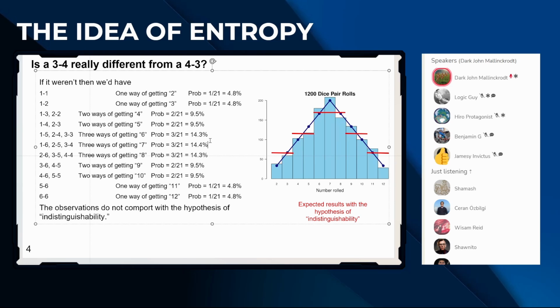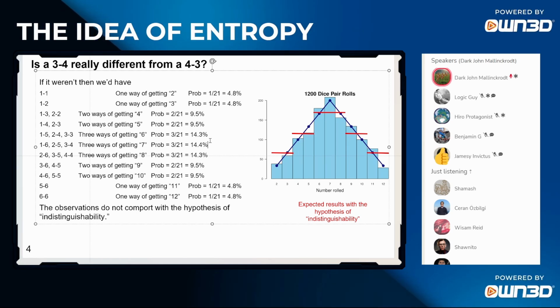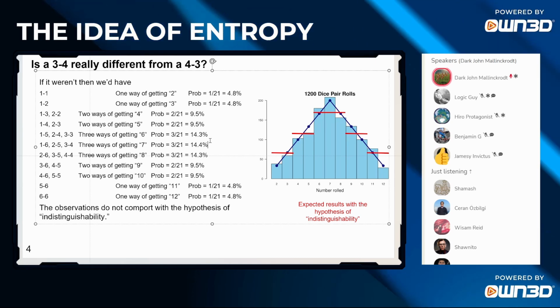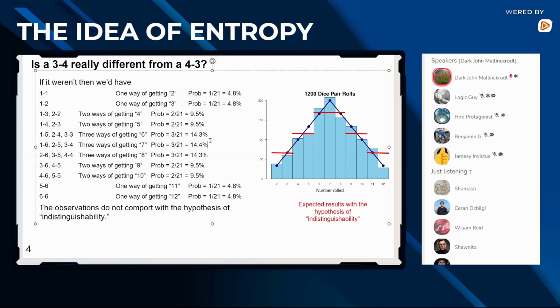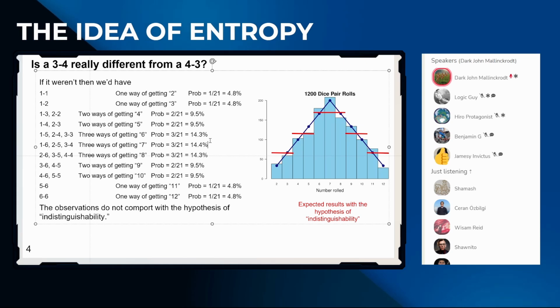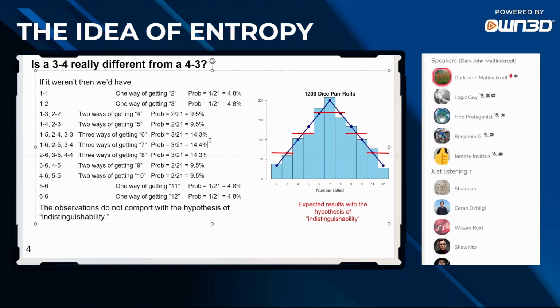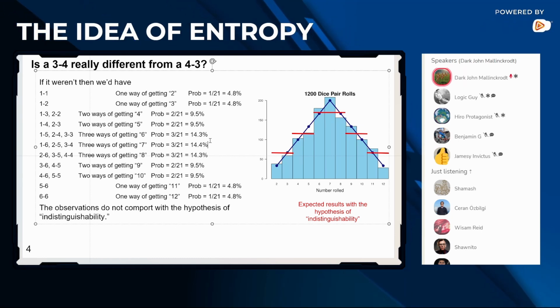It appears that 3-4 really is different from 4-3, because only with our hypothesis of equal probabilities for microstates do we actually get the macrostate distribution shown here, going up in a linear fashion up to 7 and then coming down in a linear fashion back to 12. So there at least seems to be observational reason to say that we can basically label the dice.